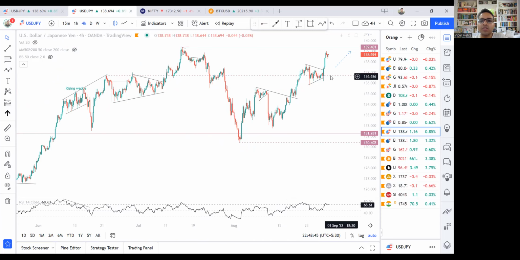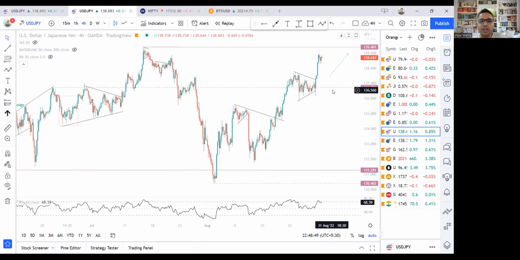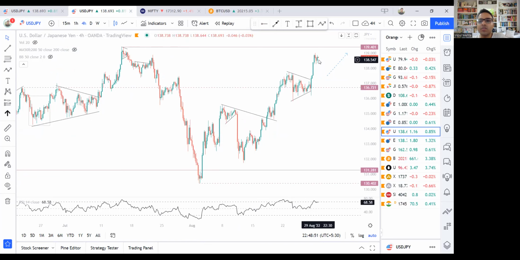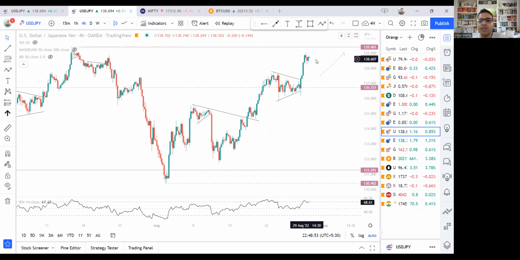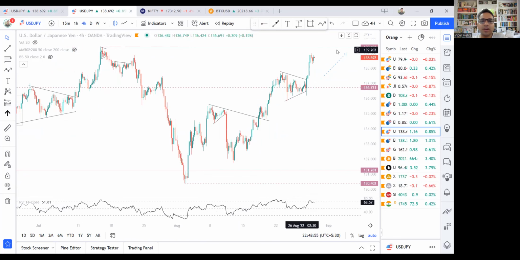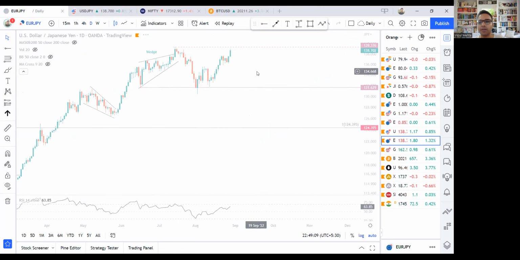So 136.7 is an important support resistance zone, and now we have broken out from here. We are resting somewhere here, but I'm totally expecting that the price will go all the way till 139.4. I don't think there's going to be much stopping now that we have come this far. All right, so this is the USD yen pair.